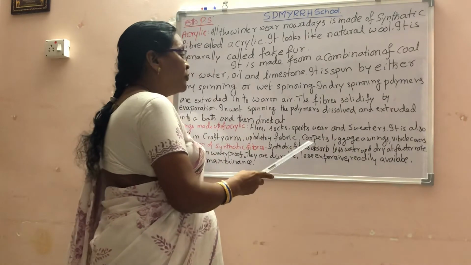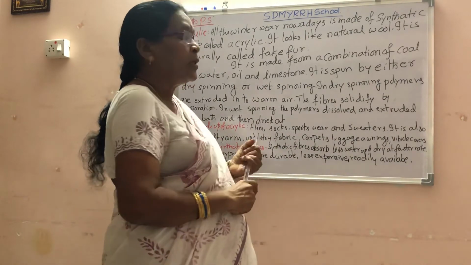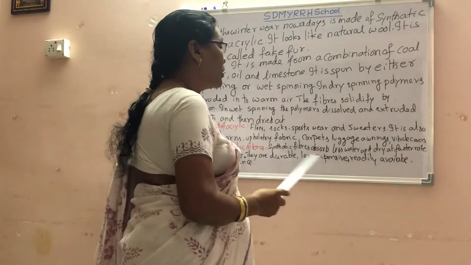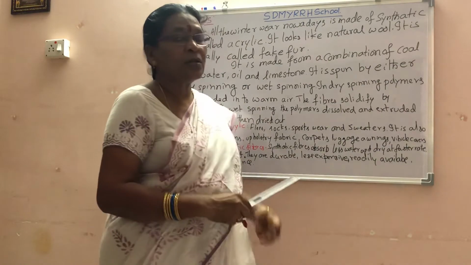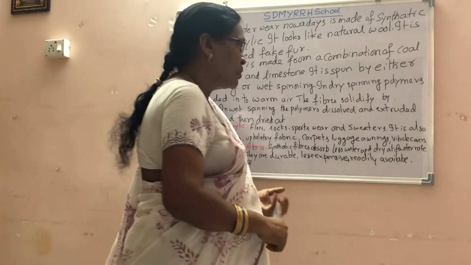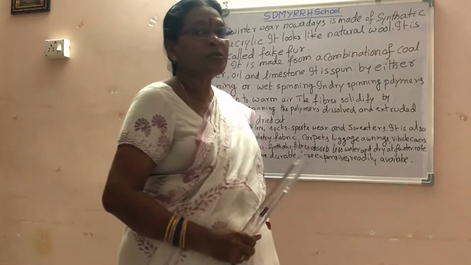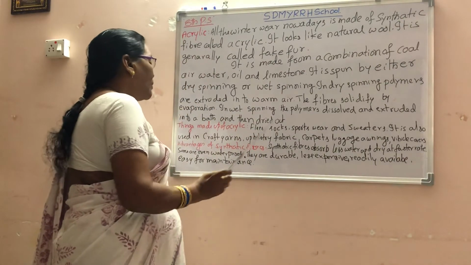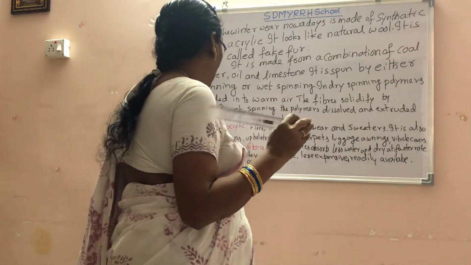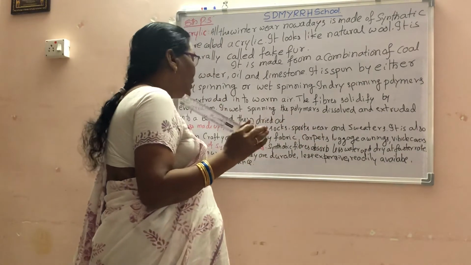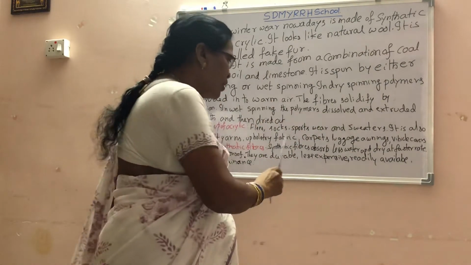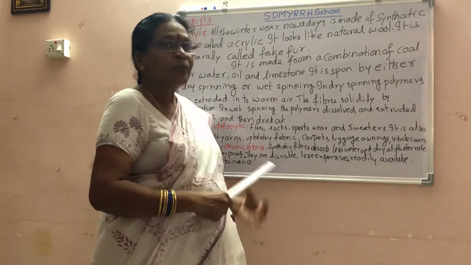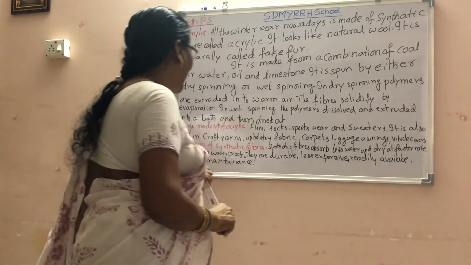For these carpets, the acrylic fiber thickness is special. Luggage awning means luggage bags. Vehicle covers means car covers, scooter covers, like this. I am discussing some things about acrylic.